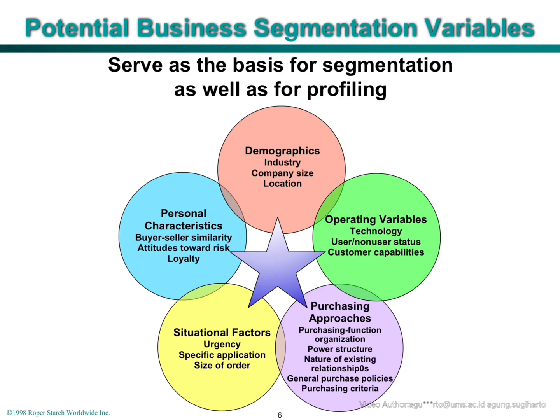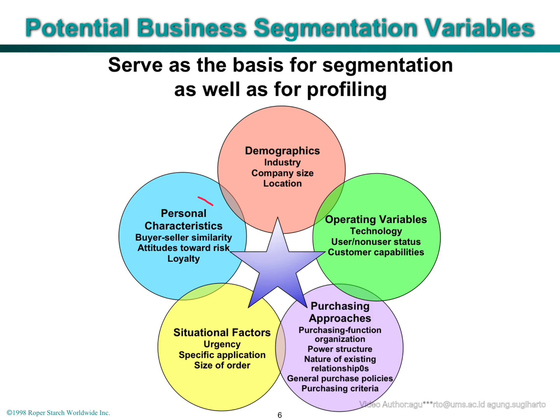In business, it can be industry, company size, and the location of the industry. And then the operating variables can be technology, user or non-user status, and customer capabilities. And then the purchasing approach, power structure, and the situational factors: urgency, specific application, size of order.